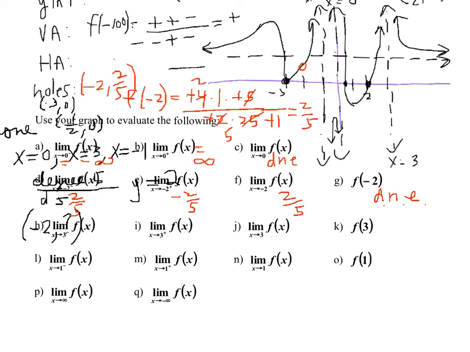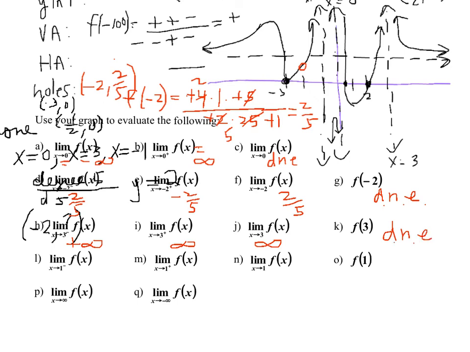As x approaches negative 2 from the right, left, and the function, it's 2/5. f of negative 2 doesn't exist, though. And 3 from the left is positive infinity, and 3 from the right is positive infinity, so it's going to be positive infinity there. f of 3 does not exist.